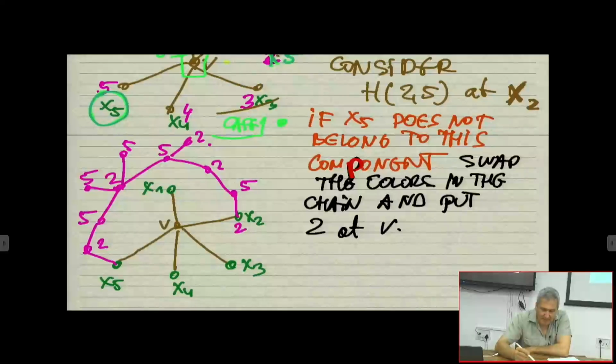But look at this path. Together with V, it's a cycle. Do you agree?